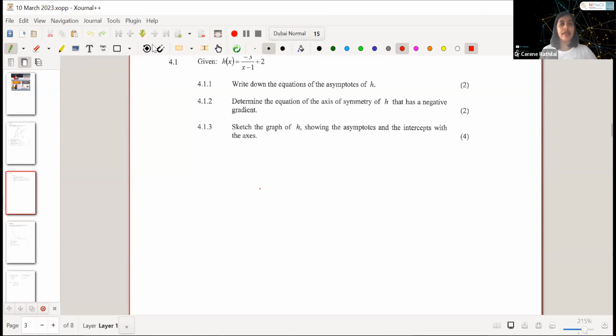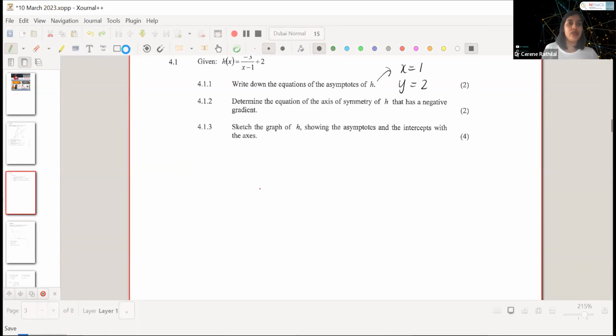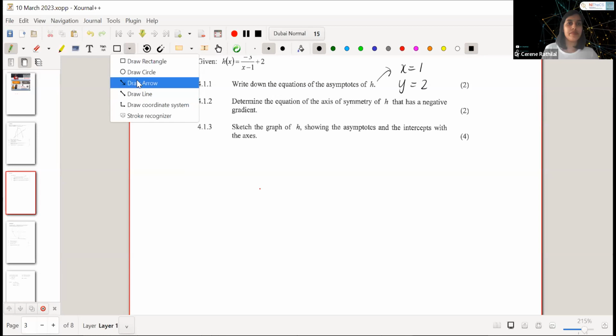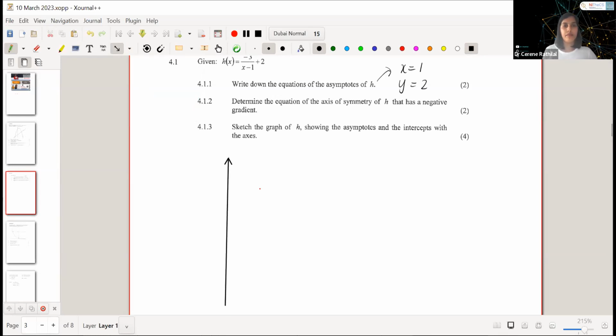But nonetheless, we remember the answers that we had written down, isn't that so? We saw that the asymptotes were x equals 1 and y equals 2. So that's what we were drawing, and now let's draw that. I labeled the values in here: that's 1, and that will be 2.